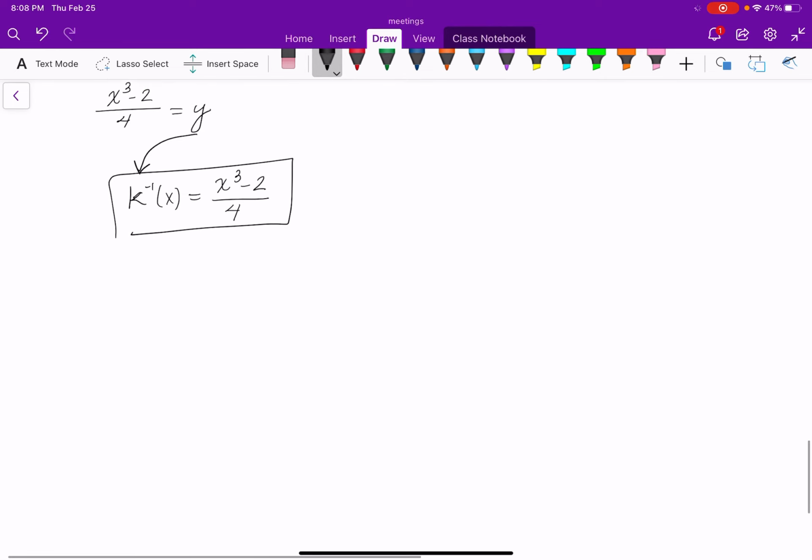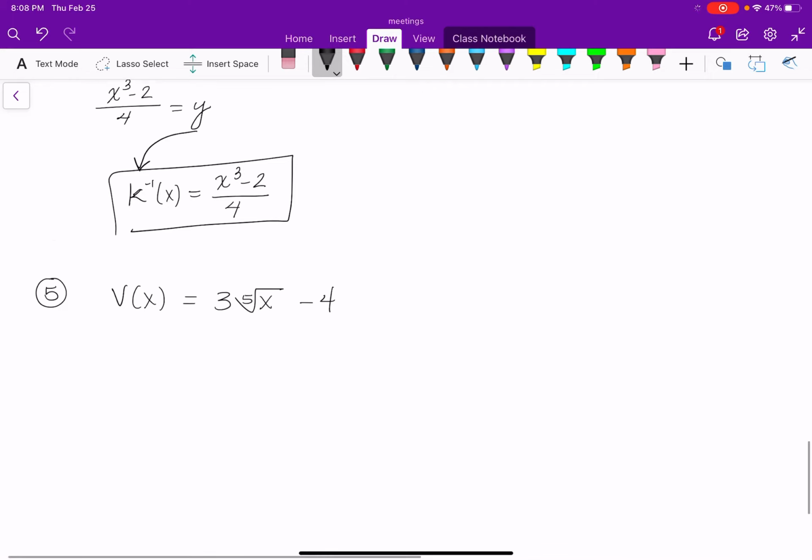But on the next problem, number 5, we've got v of x is equal to 3 times the 5th root of x minus 4. Notice on this one, the 3 and the 4 are actually outside of that 5th root. So when we're solving for y, we'll move the 3 and the minus 4 first, and the last thing we'll do will be with the 5th root.